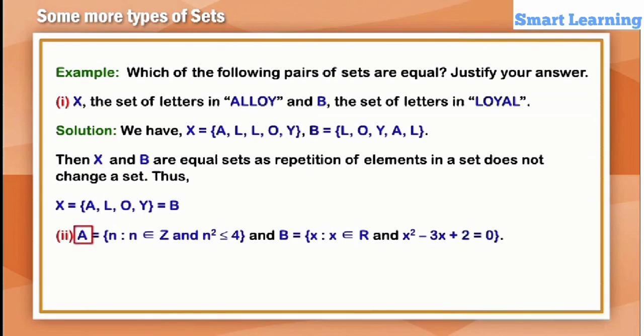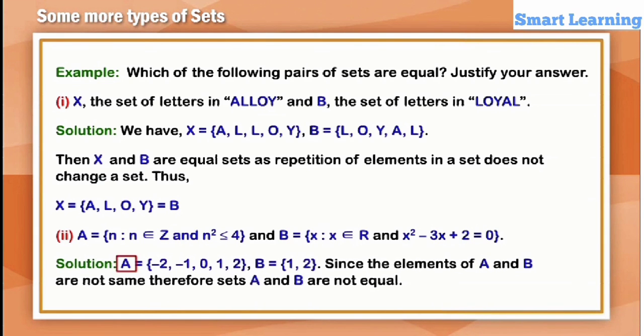2. A is equal to {n such that n belongs to Z and n square is less than or equal to 4}, and B is equal to {x such that x belongs to R and x square minus 3x plus 2 is equal to 0}. Solution. A is equal to {minus 2, minus 1, 0, 1, 2} from the definition of set A, as these are integers and their square is less than or equal to 4.